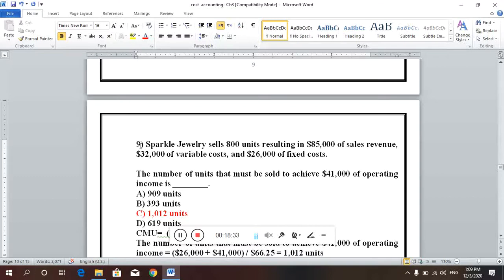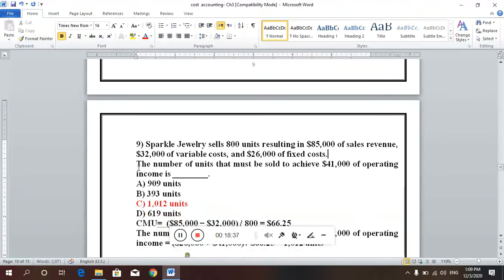The number of units that must be sold to achieve operating income of $41,000. This is units required to be sold to achieve the operating income.